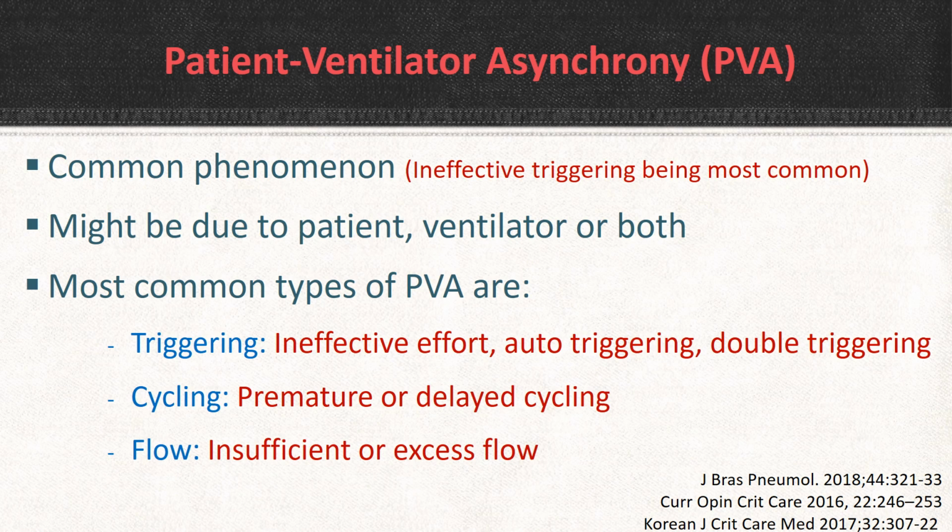This is a common phenomenon, the most common being ineffective triggering. It might be due to the patient, the ventilator or both. The most common types of patient ventilator asynchrony are triggering asynchrony, cycling asynchrony and flow asynchrony.